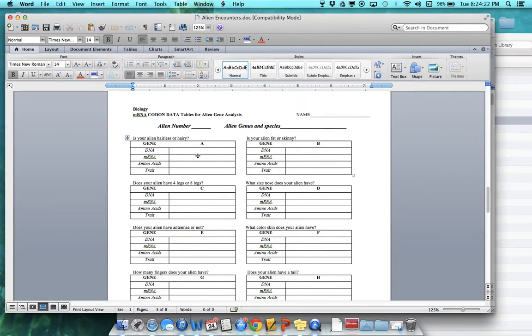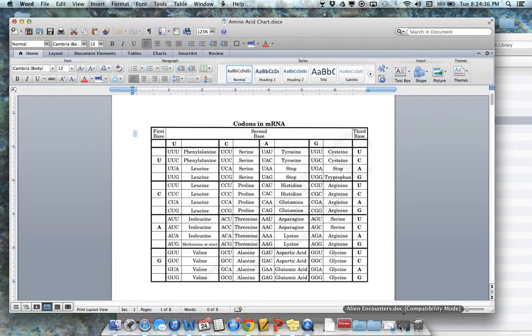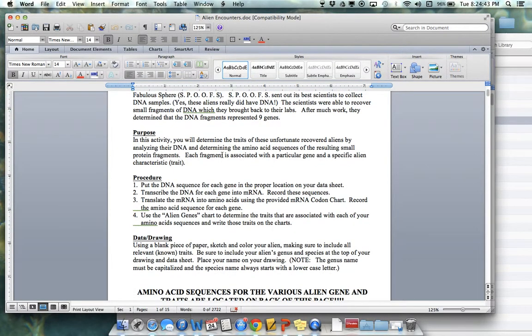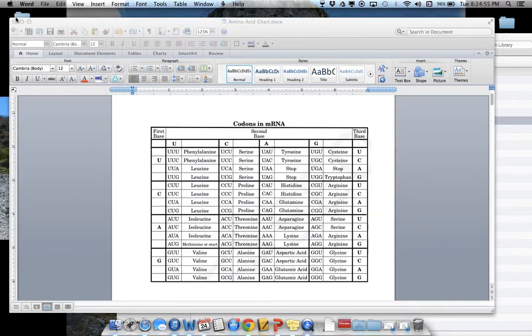I'd break it down into codons, into threes, and use your amino acid chart to tell me what the actual amino acids are. Once you get the amino acids, on the back of the directions, like for gene A, you look for your sequence, and you're going to get the resulting characteristic and write that down. Then you can find out what your alien looks like.